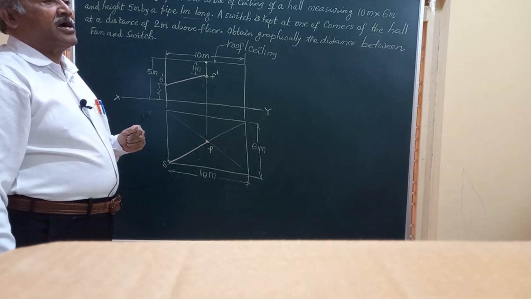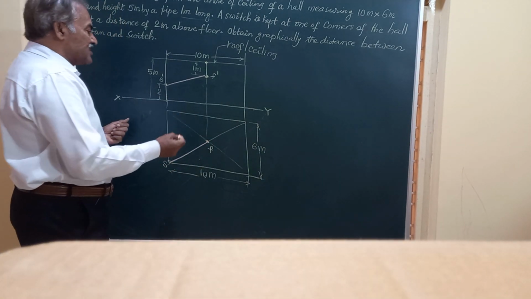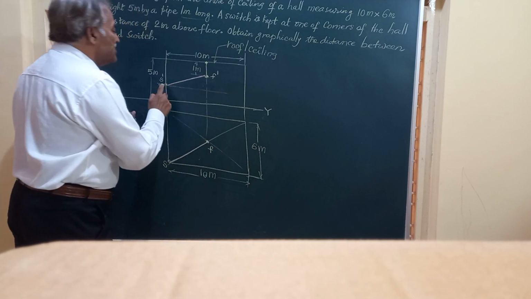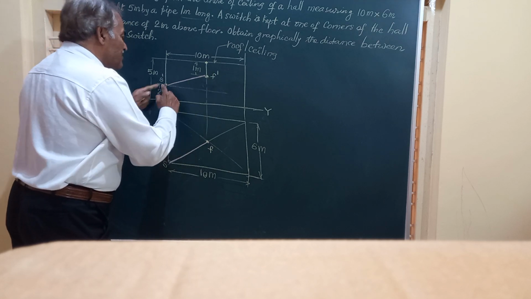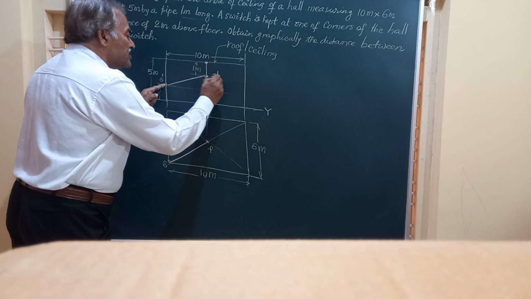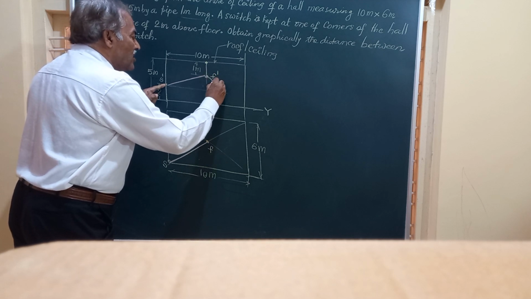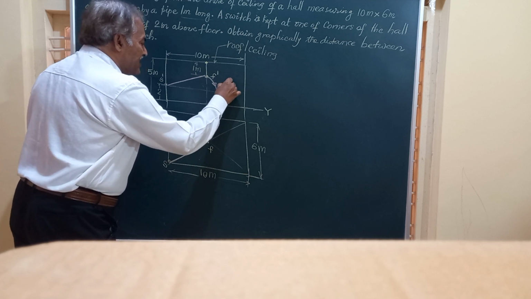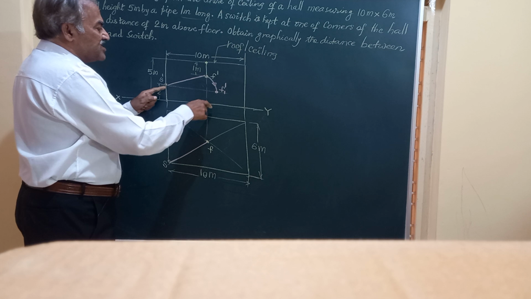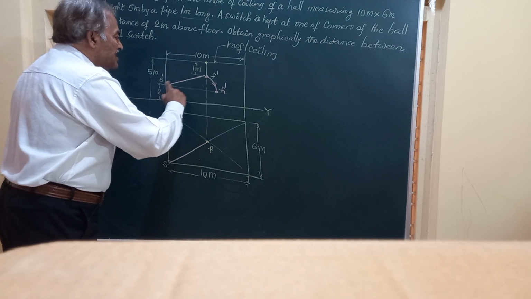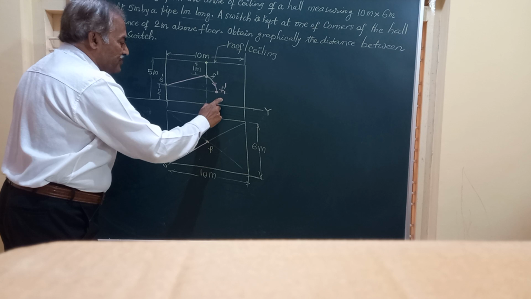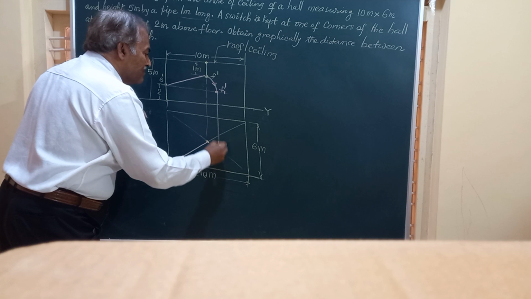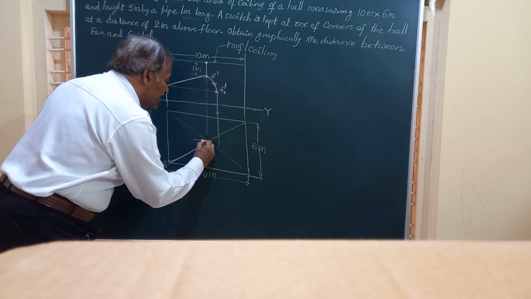So friends, we have got the front view and the top view, and both of these lines are inclined to HP, and hence to obtain the true length it is very simple. I write a horizontal line through S dash, and with center S dash and radius equal to S dash F dash, I draw an arc. This arc will meet here. I will call this F1 dash. By drawing this arc, I have made this line S dash F dash parallel to HP. Now I produce a vertical line from there and a horizontal line from the top view.